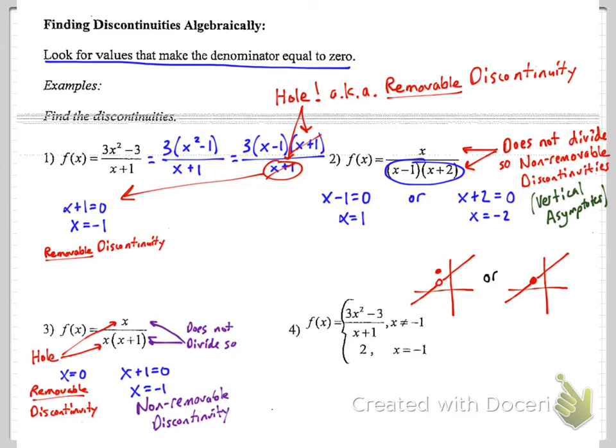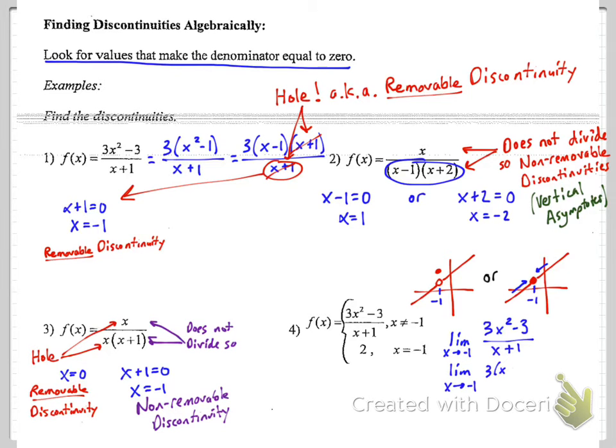So the first thing we want to do is check that out and make sure that the limit is either the same or different from the function at that point. So let's evaluate the limit of the top part. If we evaluate the limit of the top part, that's going to tell us what the value would be at that hole. So the limit as x approaches negative 1 of 3x squared minus 3 over x plus 1.